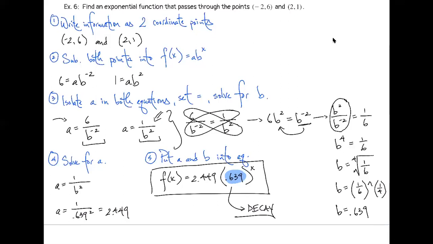We oftentimes learn a lot of different methods, and then it becomes a question, how do I know which method to use? So here's the deal. In example 6, I showed you the long way, and it works for every single set of 2 points. Those 5 steps will work every single time you have 2 points.